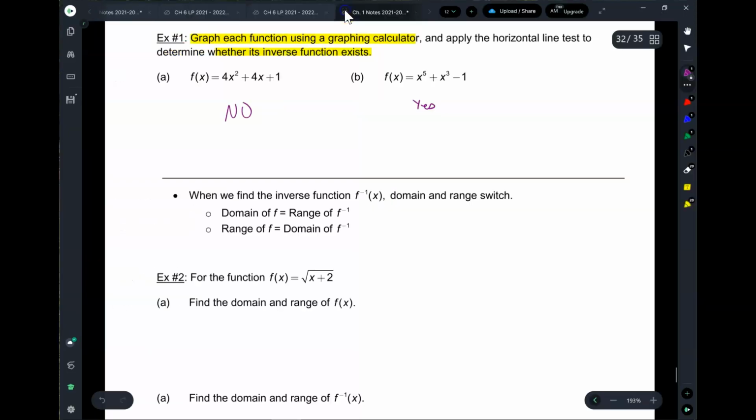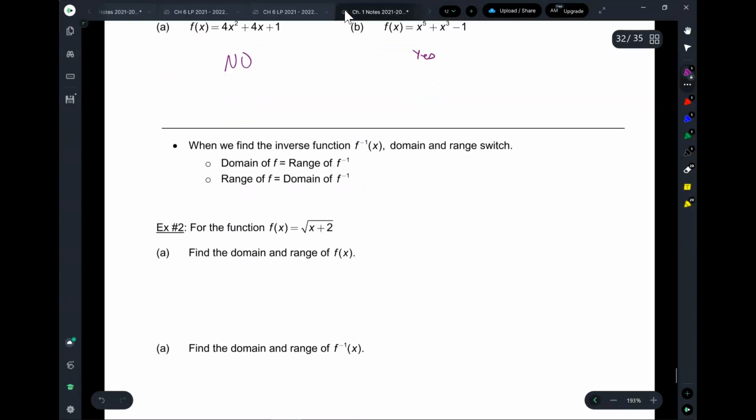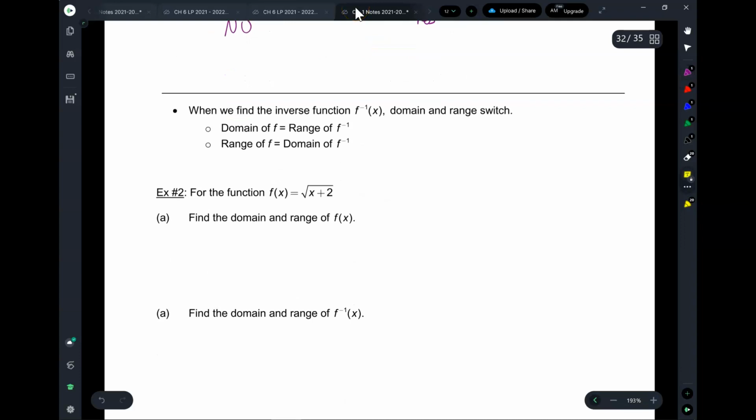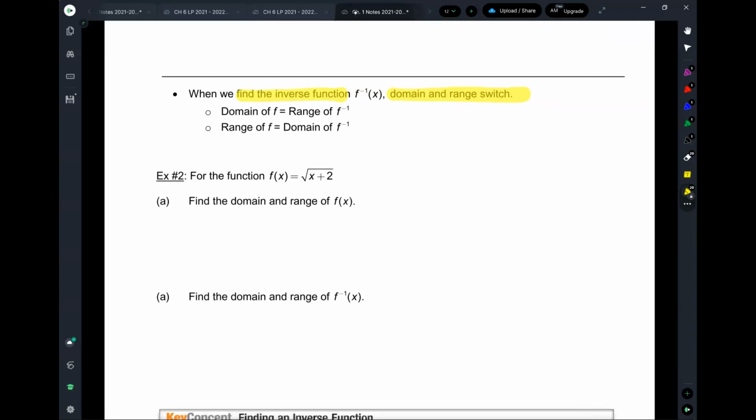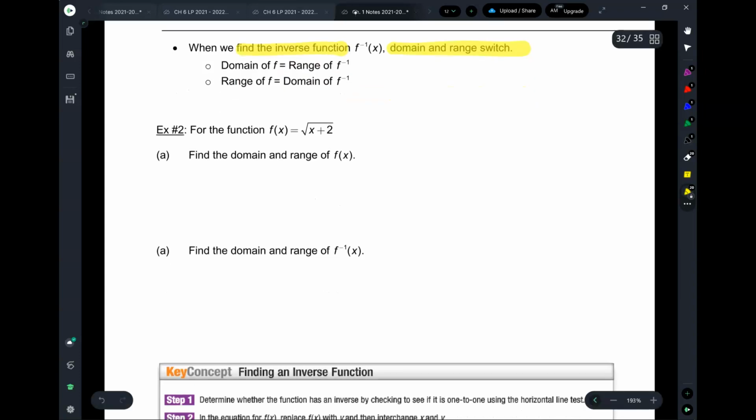Okay. So, just like we said before, when you find the inverse function of something, the domain and range will switch. So for example, the domain of f will become the range of the other one and vice versa. So for this function, f of x is equal to root x plus 2, I want us to find the domain and range of the function itself, right?